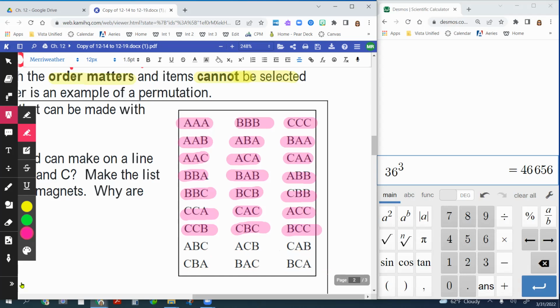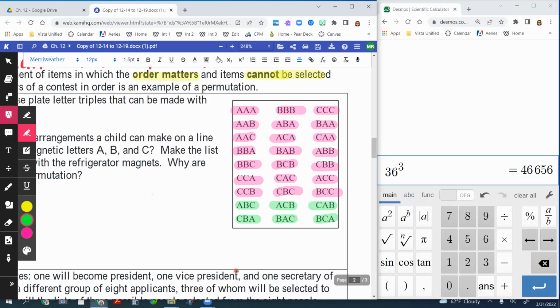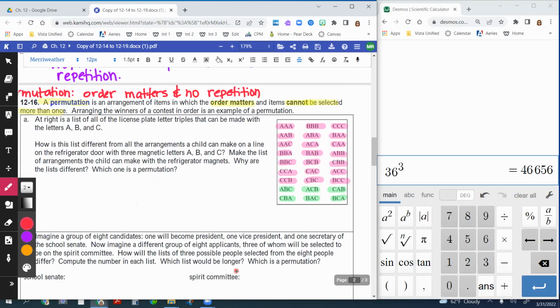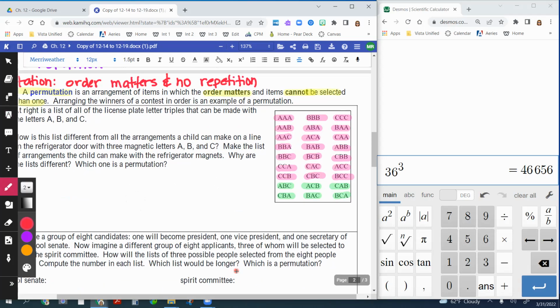So the ones I'm going to highlight right now in green, these ones would be allowed in a permutation where you have 3 letters that you're ordering, but you cannot repeat them. Okay, you're ordering those 3 things. So when they're talking about how can you list for a child on a refrigerator, it is those ones I just listed in green.